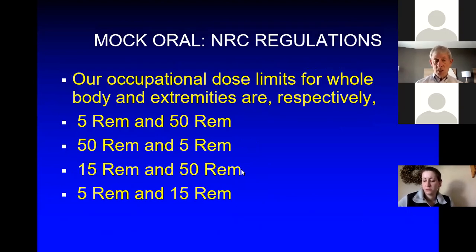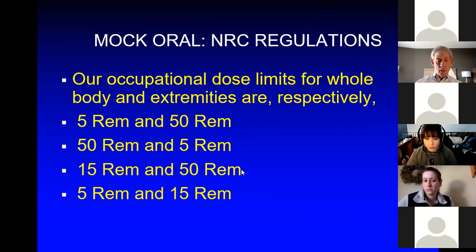How about this one? Your whole body dose and your hand dose, but now I've changed the units from millirems to rems. Which choice do you like? 1, 2, 3, or 4? Okay. Personally, I like 1 a lot better because your whole body dose would be 5 rems or 5,000 millirems.